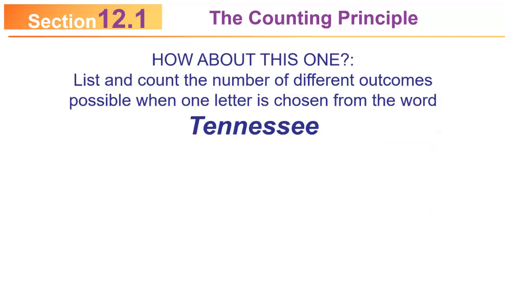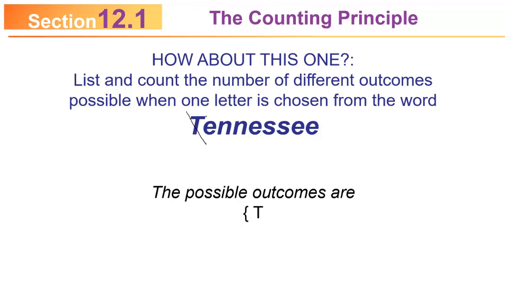How about this one? List and count the number of different outcomes possible when one letter is chosen from the word Tennessee. Again, we'll make a list. There's a T in Tennessee. There's more than one E in Tennessee.